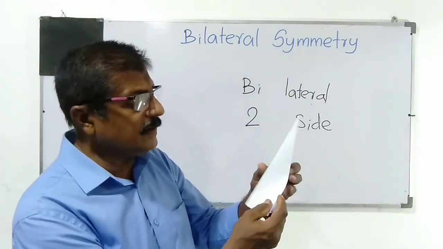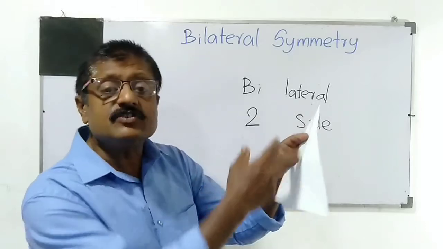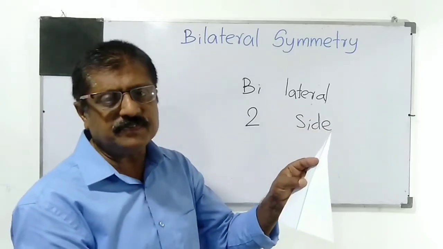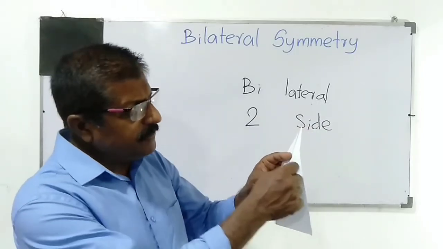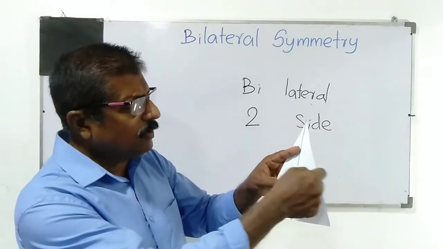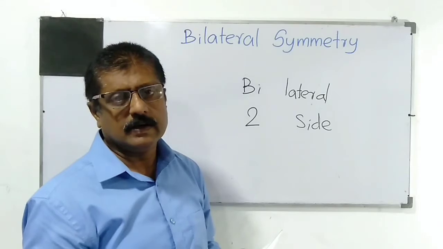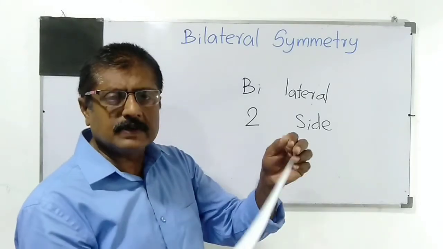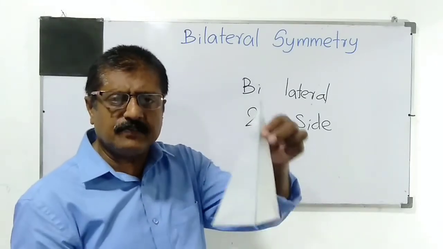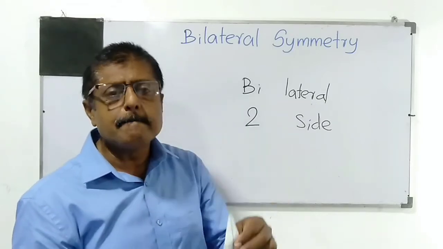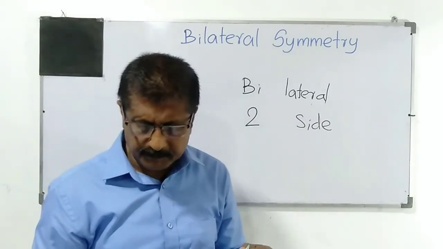Therefore, this line is called axis of symmetry. Axis of symmetry. From this axis, from this line, all these measurements are equal on both sides. Therefore, we can say that this is a figure which has bilateral symmetry.